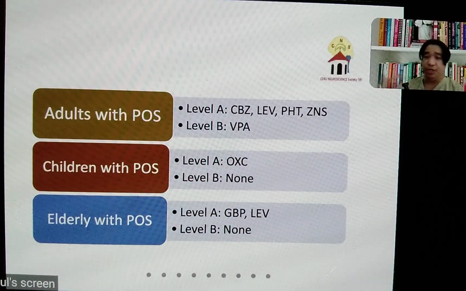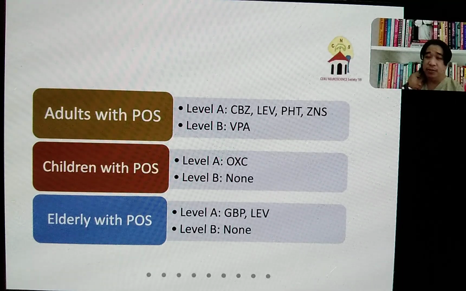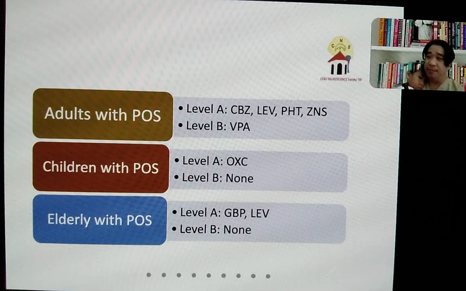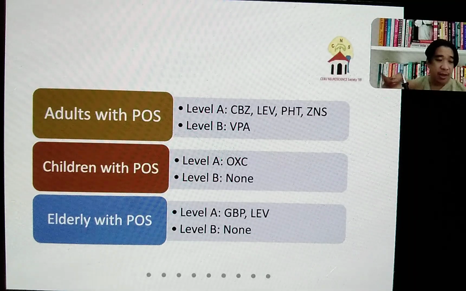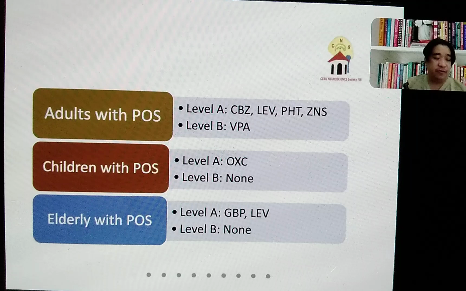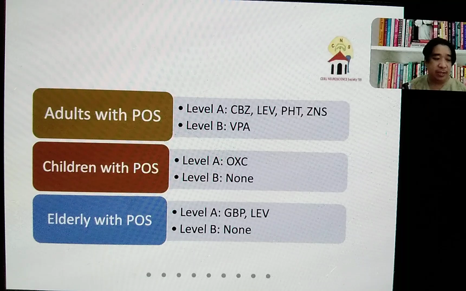Okay, I'm gonna share this with you. I'll give you a copy of this. So adults with partial onset seizures, number one, what you answer in the exam is carbamazepine. Please take note of that.